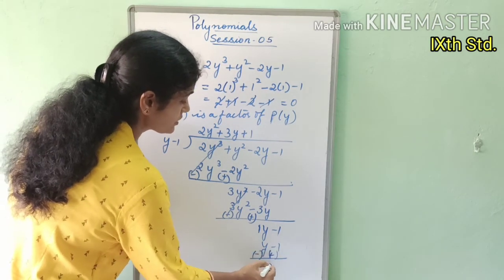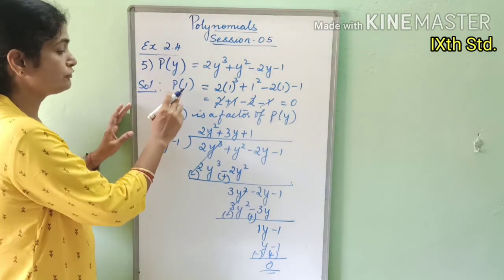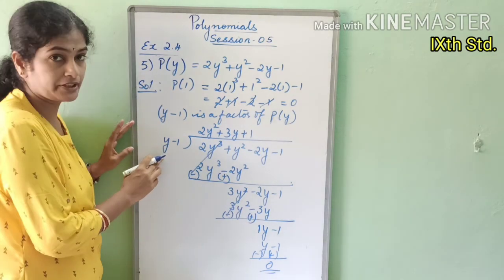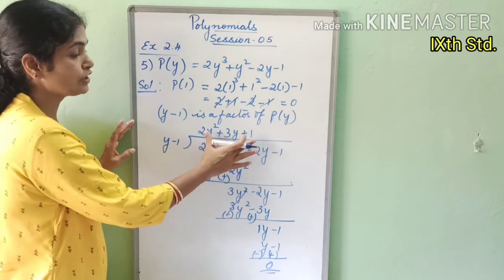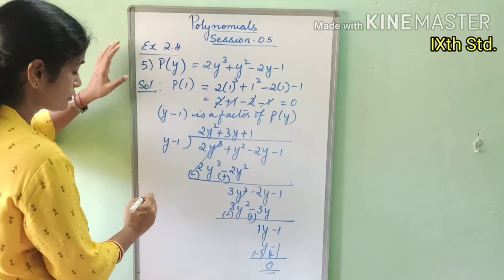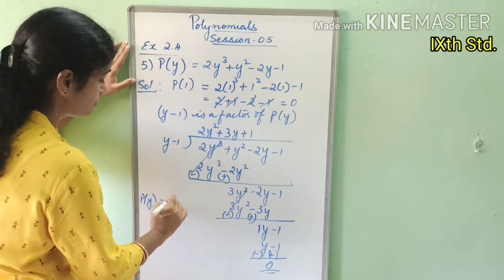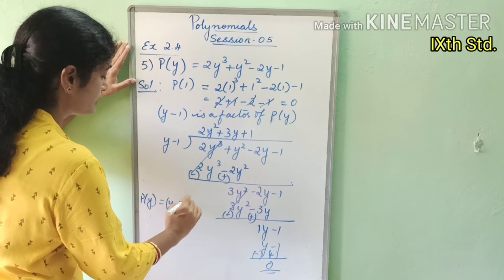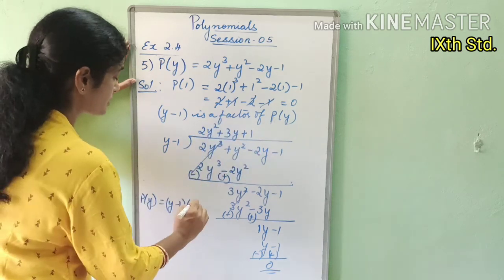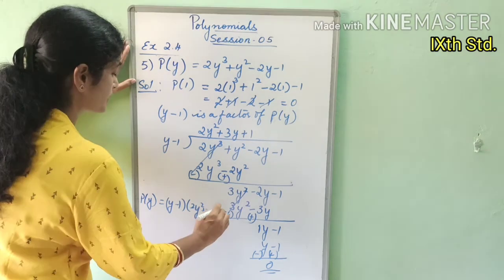Subtraction, signs change, and the remainder is 0. Therefore, p of y can be written as y minus 1 into 2y square plus 3y plus 1. So I will write it here. P of y is equal to y minus 1 into this quotient 2y square plus 3y plus 1.